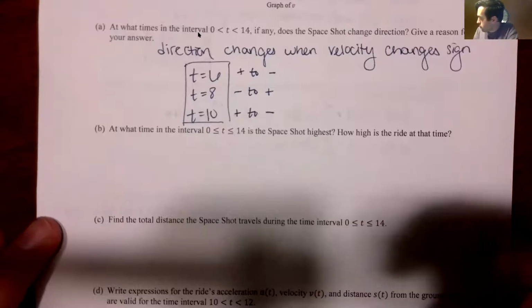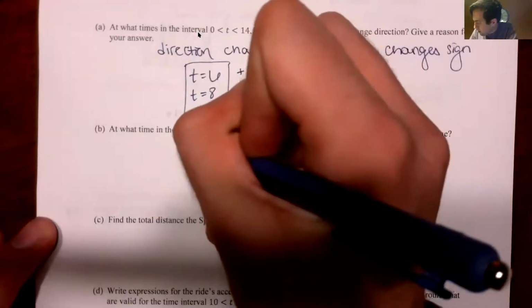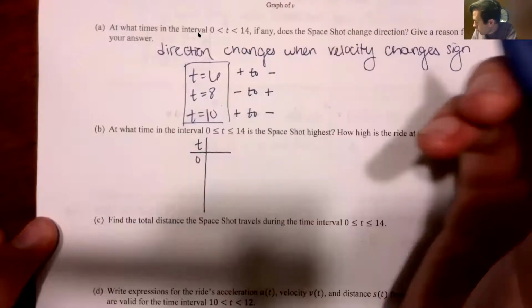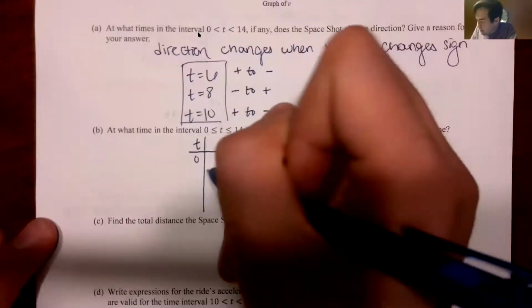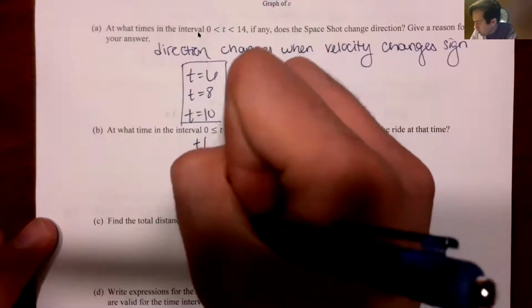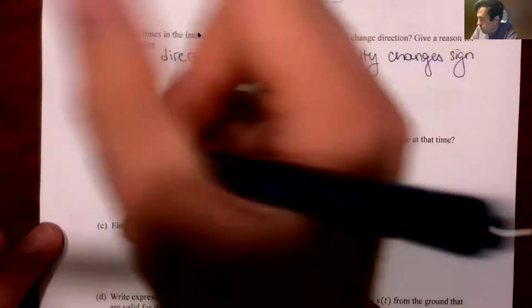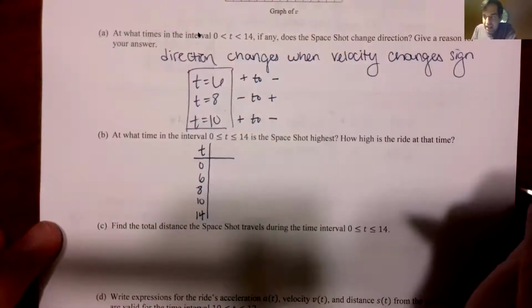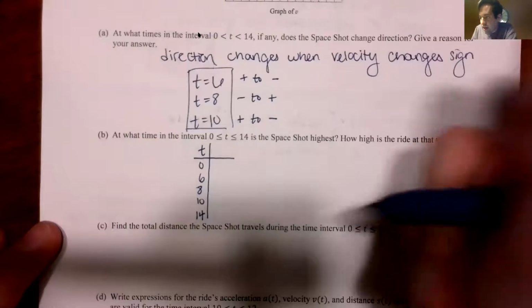So we are going to test the endpoints of the interval, 0 and 14, and then 6, 8, and 10. But the question is, what are we testing? Remember, we are interested in when we're highest, and that's a position, right? The highest will be the position.